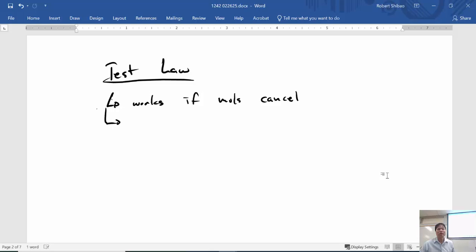The law works if the moles cancel between the numerator and denominator. Unfortunately, when people tested it on other reactions, it fails if moles do not cancel. And so what do I mean by that?